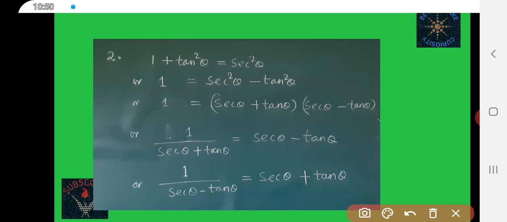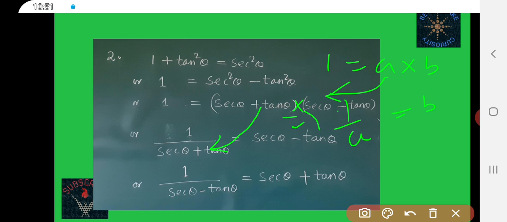Here it is a multiplication, so you can take any one of them to the left side, then 1 by sec theta plus tan theta. As you know, if a into b is 1, then you can write b equal to 1 by a.